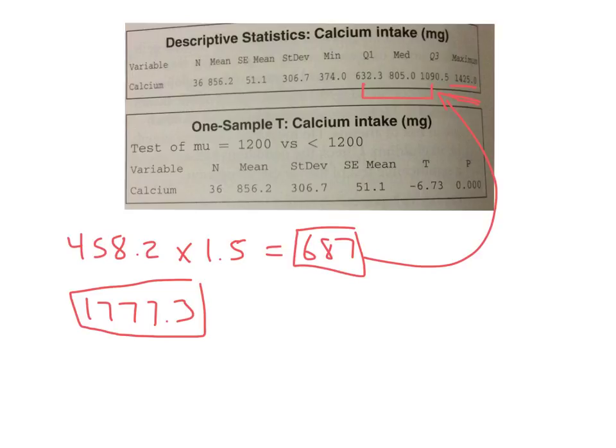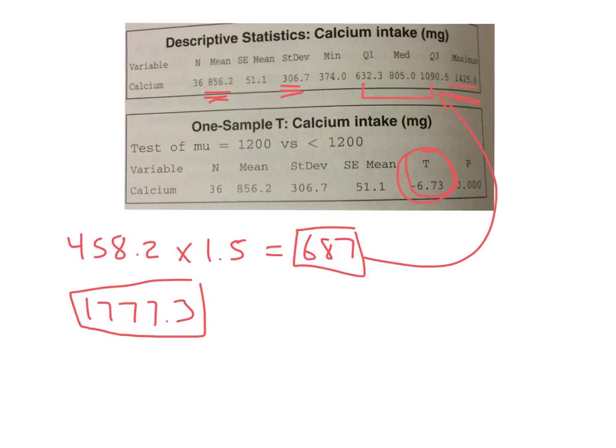Man, oh man, look at this. So, well, the mean, the average is 856, standard deviation of 306.7. Wow, look at this. Negative 6.73.